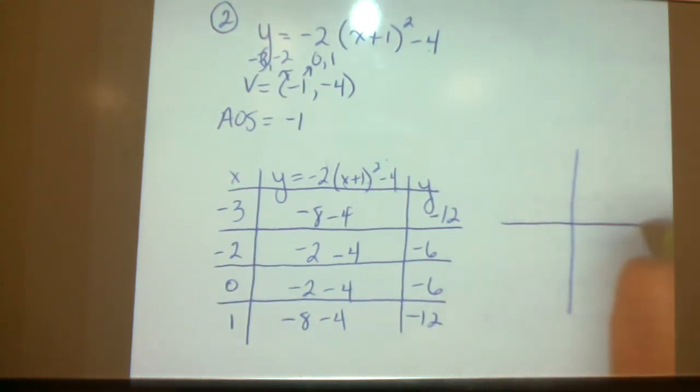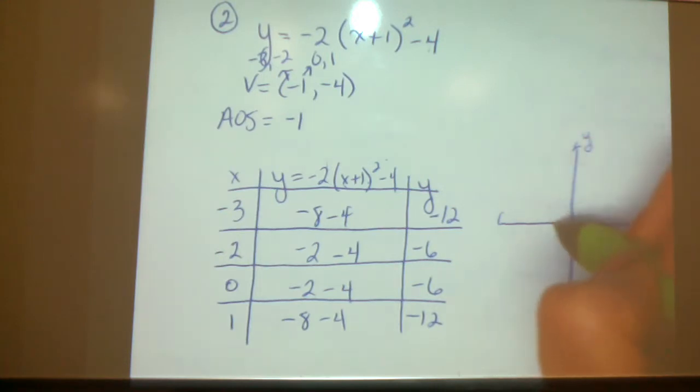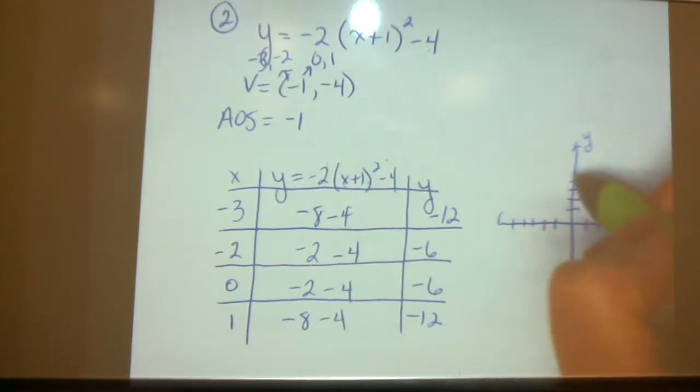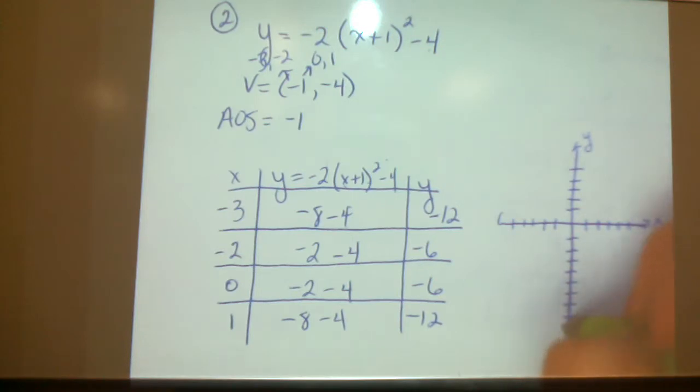So let's set up our graph. Now I've got to go negative 12 in the y, so let's make this a little bit longer. And everywhere else I'm going to go 5 units. 1, 2, 3, 4, 5, 6, 7, 8, 9, 10, 11, 12.